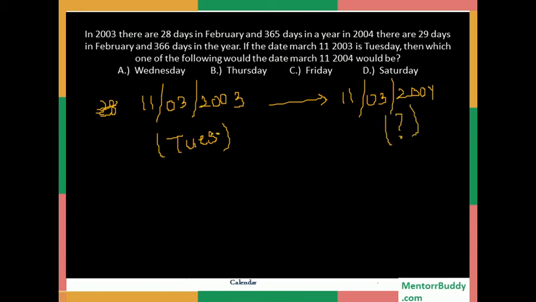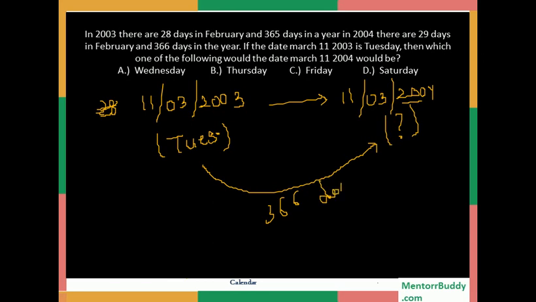Remembering the logic which we understood previously, from 2003 to 2004, 2003 is not a leap year, but 2004 is a leap year, and the leap year's extra day will be counted before this date. So there's a gap of 366 days.